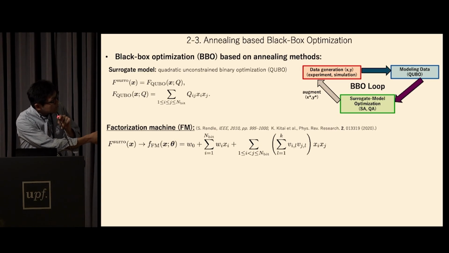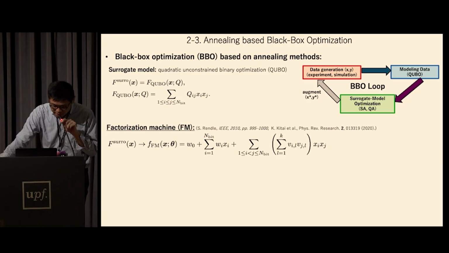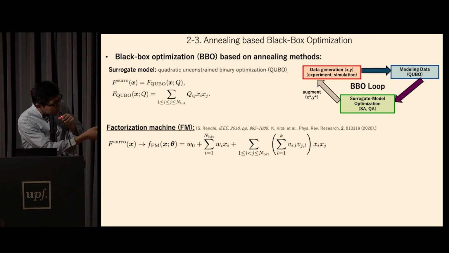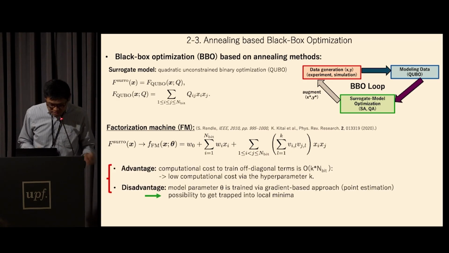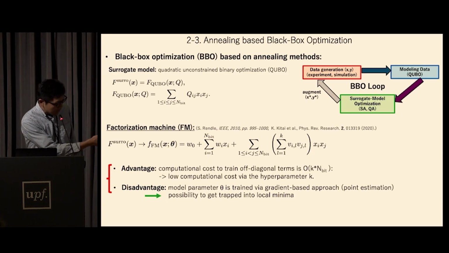By comparing these two formulas, we see that the factorization machine is one of the qubit functions. The main feature of the factorization machine is the coefficients of the quadratic terms, which are represented by a hyperparameter, small k.